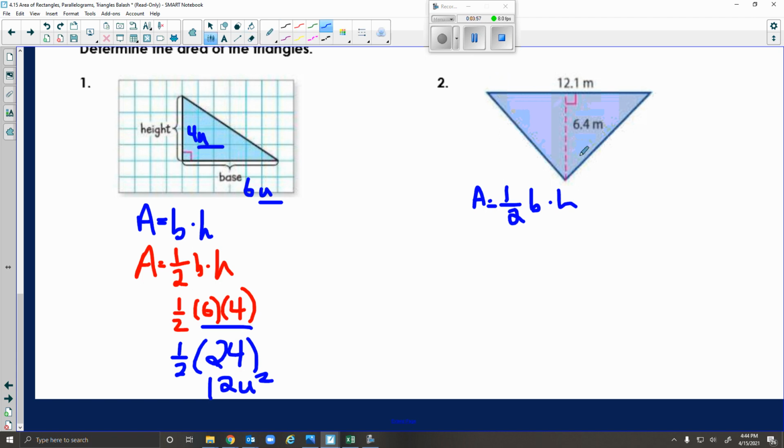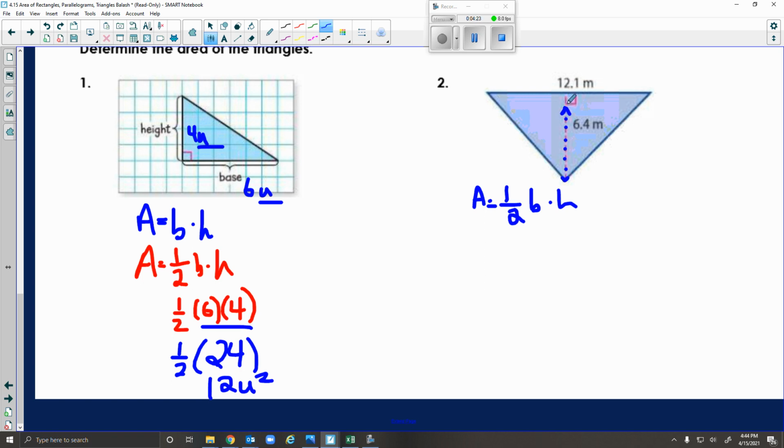However, that's not how we find the base. What we want to do is, when we look for the height of the triangle, whatever's labeled for the height of the triangle, we want the opposite side of the vertex it goes through. So this is the vertex down here. We want to go to the opposite side, which is over here.